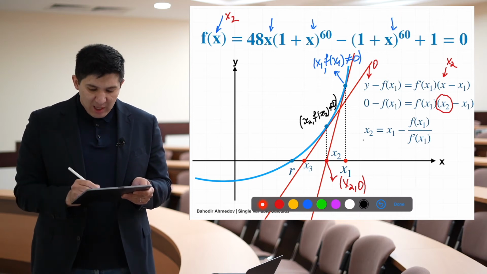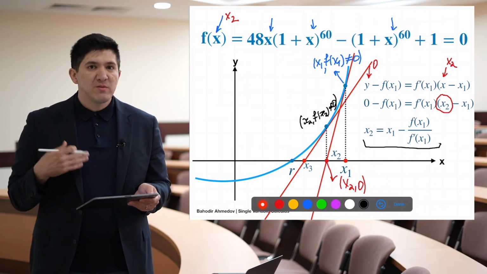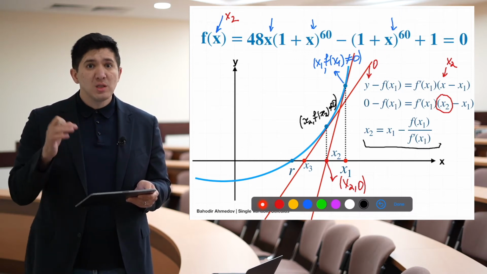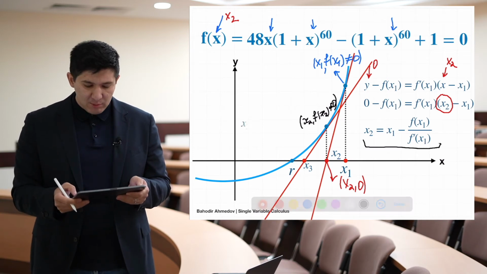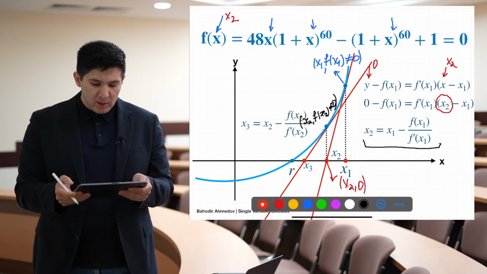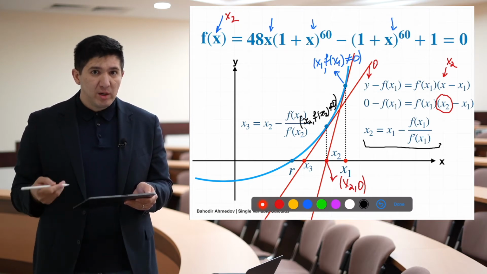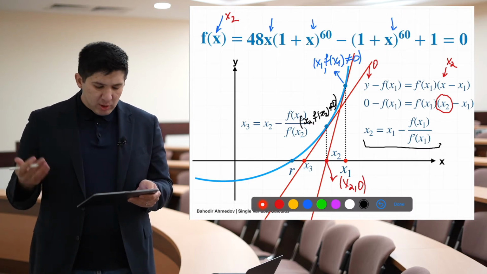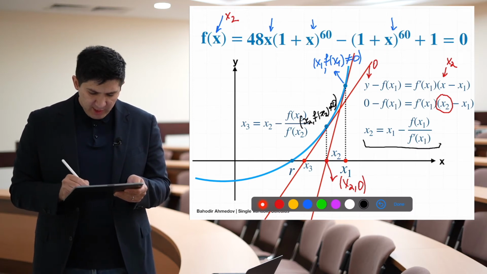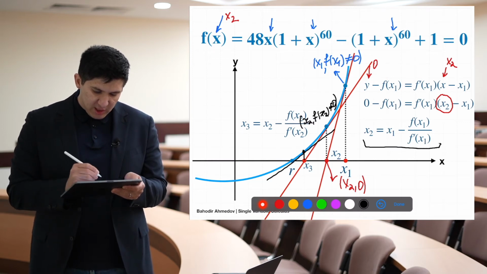Analogously, as I did to find x2, I can find x3, and you may guess that x3 is x2 minus f of x2 divided by f prime of x2. Then I'm going to do this procedure again and again, creating another tangent line and so on.